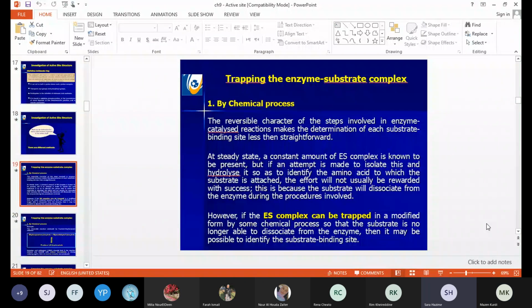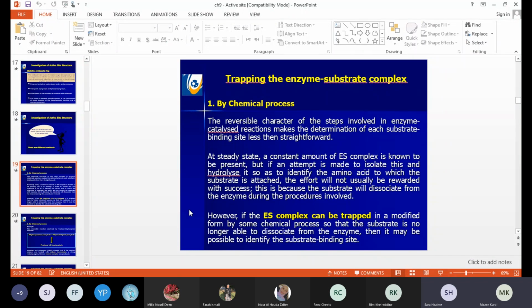So one of the methods, which is a very important method to use in the identification of the amino acids involved in the active site, is trapping the enzyme-substrate complex. Trapping means that the ES stays as a complex and I cannot isolate it.